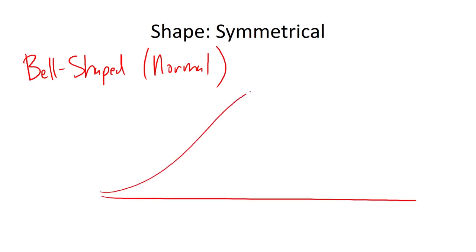So in a bell-shaped or normal distribution, it's very symmetrical, and then typically it's symmetrical around its center, right? And so in the center might be like the mean or the average or something like that.